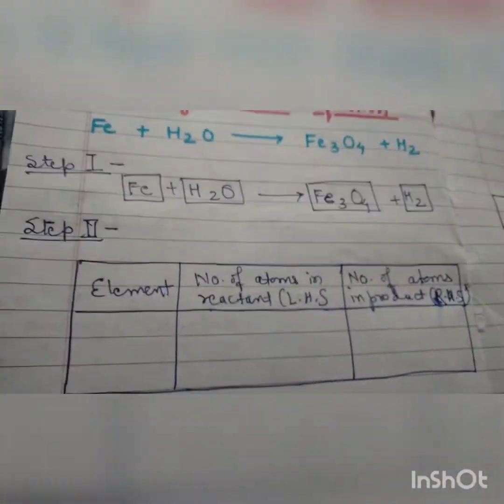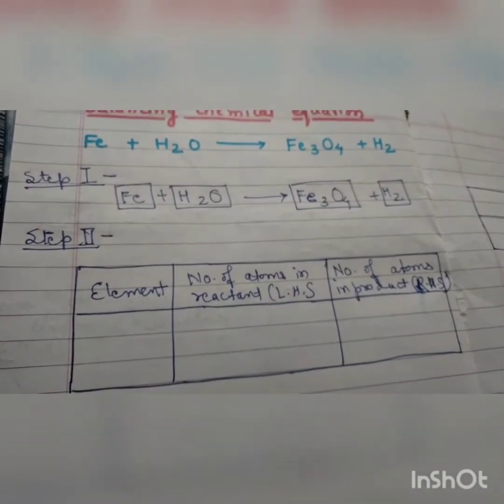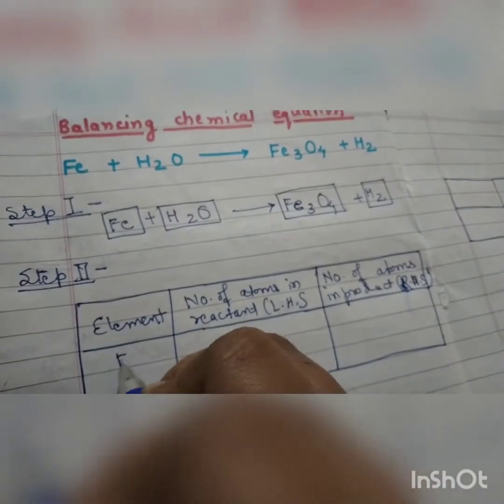In this way we will make column, that is for number of atoms of different elements in reactant and product side. Let us take first element iron.